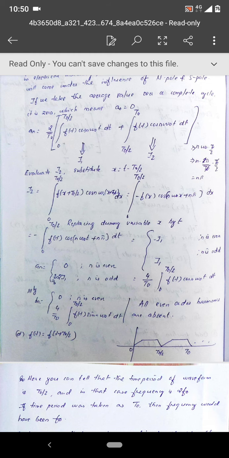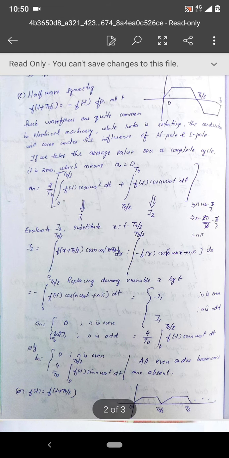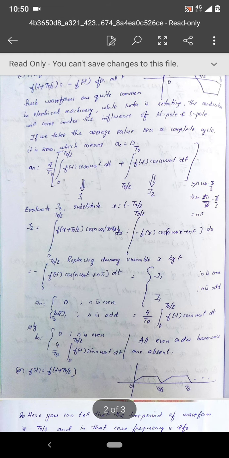Now, by virtue of the characteristic of the signal, f of t plus t naught by 2 is equal to minus f of t, I can substitute instead of f of x plus t naught by 2, minus f of x. So minus f of x cos, and I can open the bracket: n omega naught x plus n pi dx.